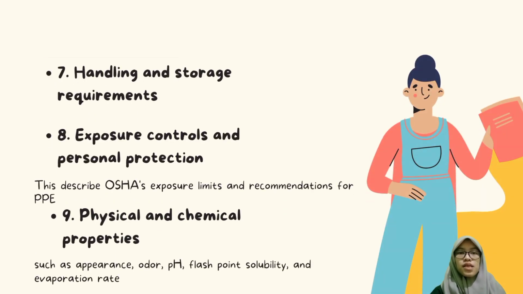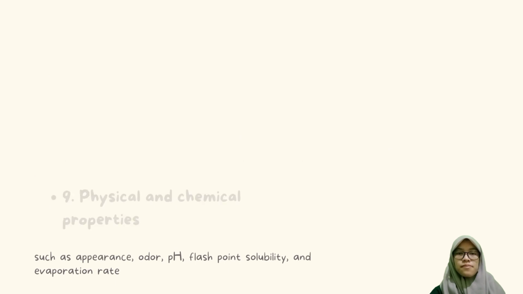Section 7, Handling and storage requirements. Section 8, Exposure controls and personal protection. This describes exposure limits and recommendations for PPE. Section 9, Physical and chemical properties, such as appearance, odor, pH, flash point, solubility, and evaporation rate.